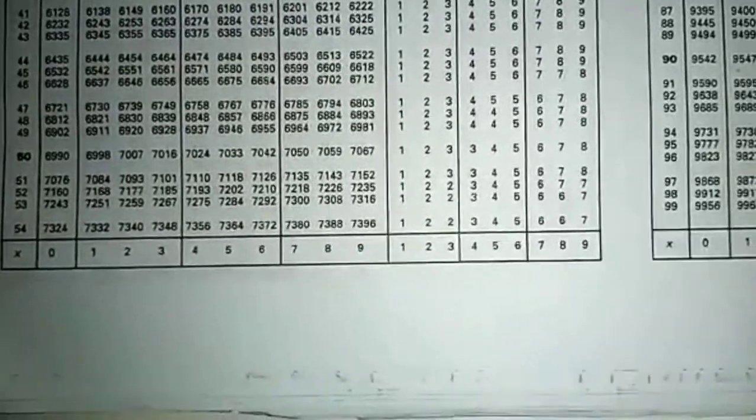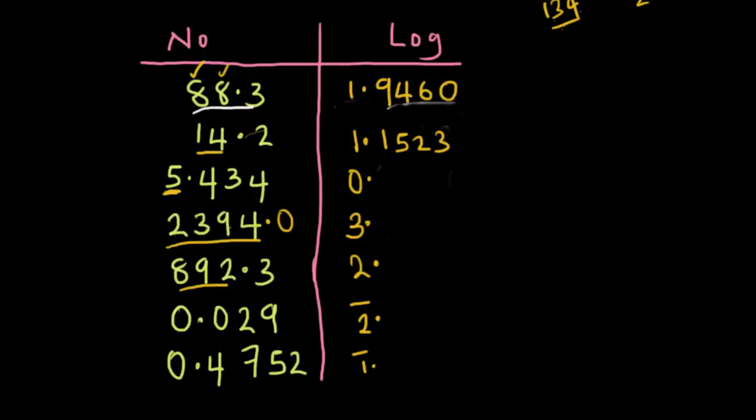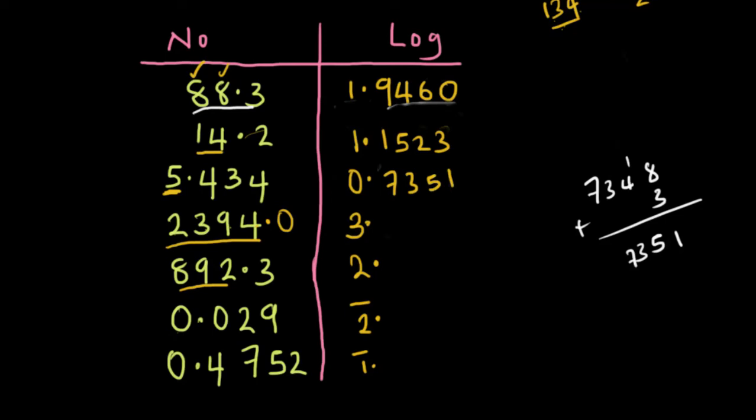Do you understand? So we have 7348 plus 3. 8 plus 3 is 11. 1 carry 1. 1 plus 4 is 5. So we have 7351. So it means that the logarithm of 5.434 is 0.7351. Do you understand? Let's do the next one.